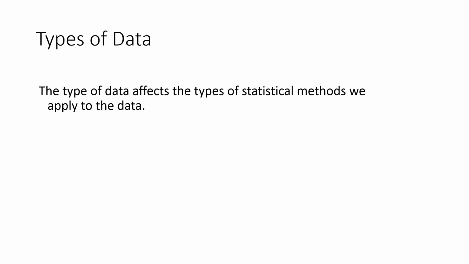Should you be calculating a mean or a proportion based on this, for example? Which type of graph do you need for this kind of data? And it's the type of data that either completely determines or at least is part of the consideration of which type of statistical method you use. Okay, so the type of data is going to be a determining factor there.